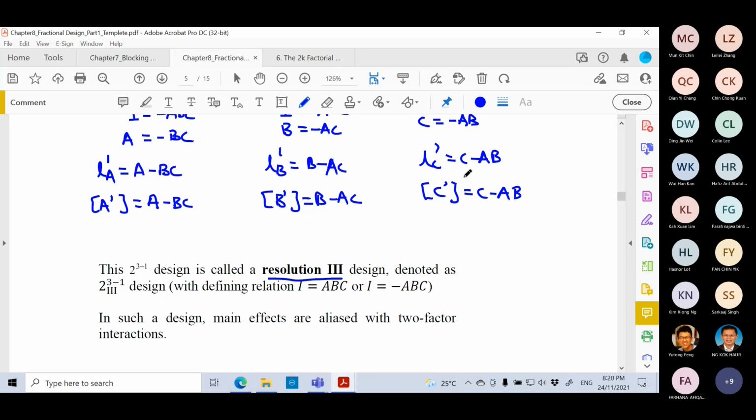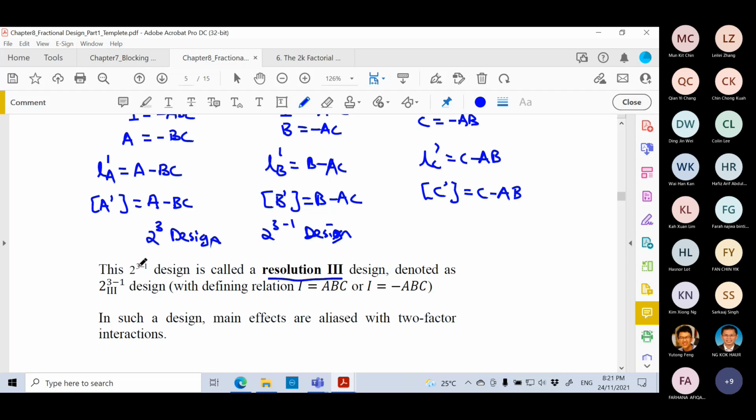Just now, I showed you that in this example, suppose we have a 2 power of 3 design, we only run the fraction. We only run a 2 power of 3 minus 1 design, which means that we only run a fraction.